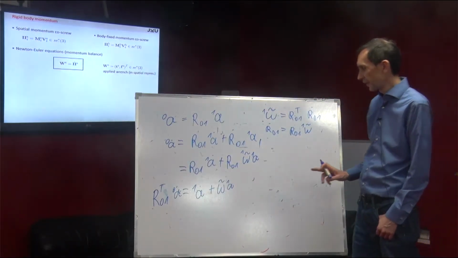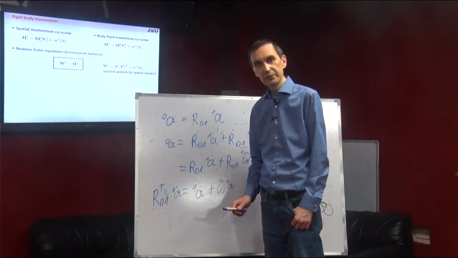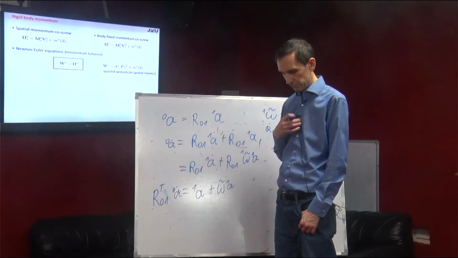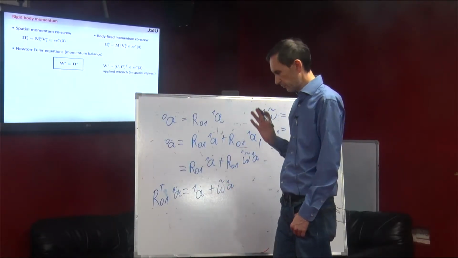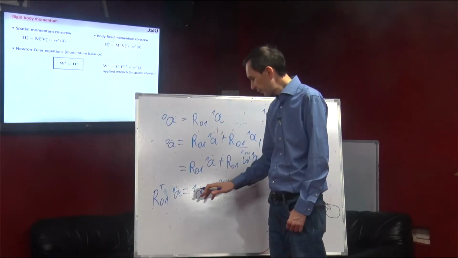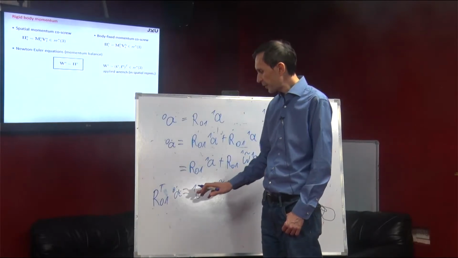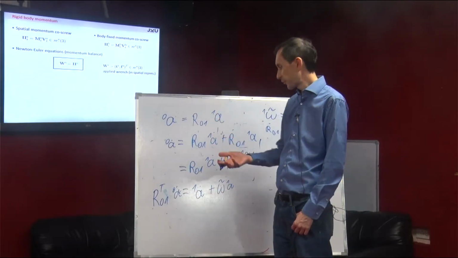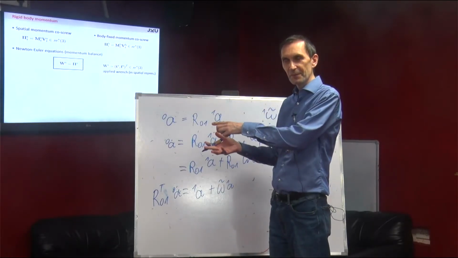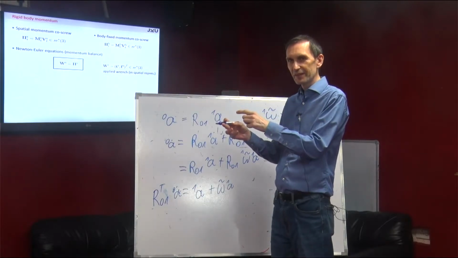Essentially, the time derivative of an arbitrary vector expressed in the space fixed frame, transformed to the body fixed frame, is not the same as taking the time derivative of the vector expressed in the body fixed frame. That's important.